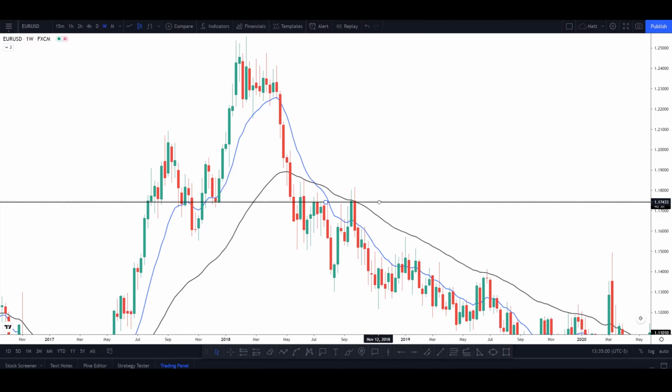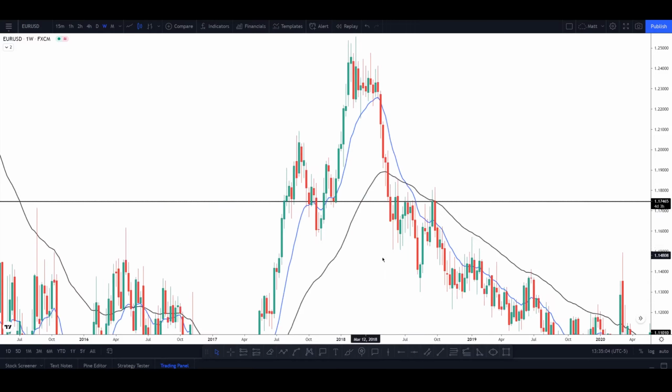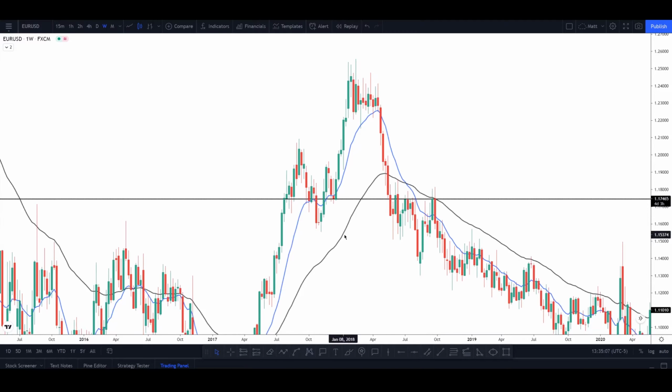So right around this region is where I would use the horizontal line tool, and I would just draw this to represent a level of support or resistance. So this would be my region.